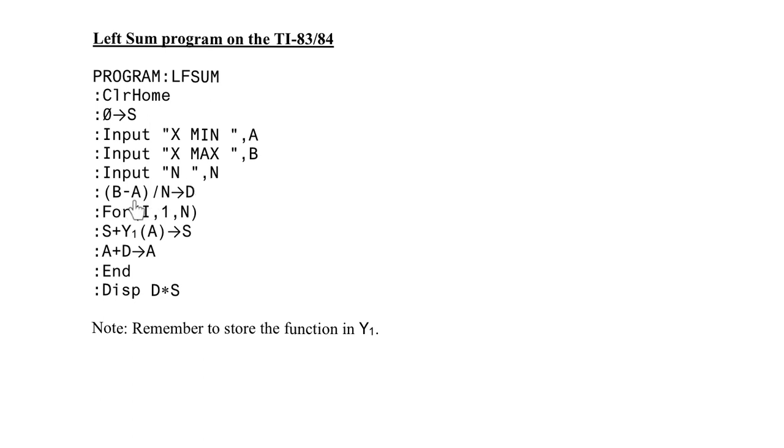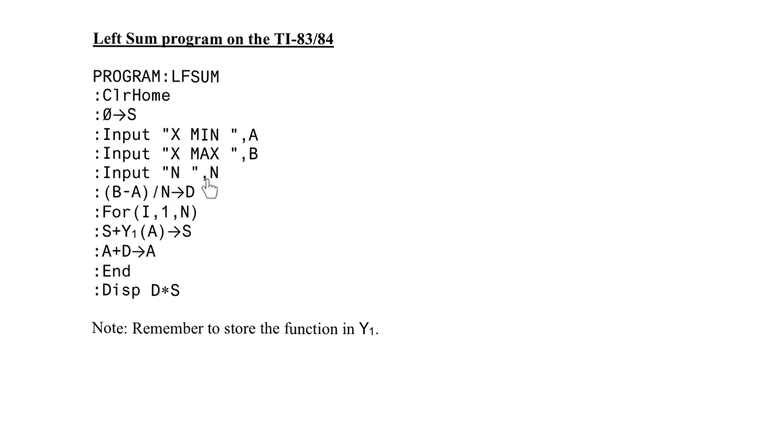And then look at this. This is just delta x, right? (B minus A) over N stores in D, so D would be like delta x. Then we've got this little for loop, and the way the for loop works is it's going to start, basically for I equals 1 to N.